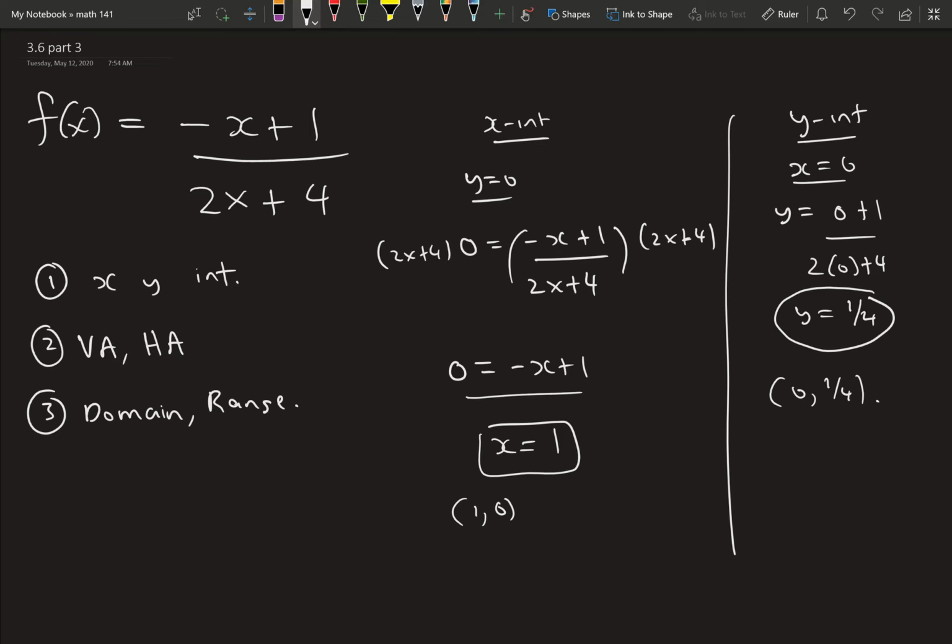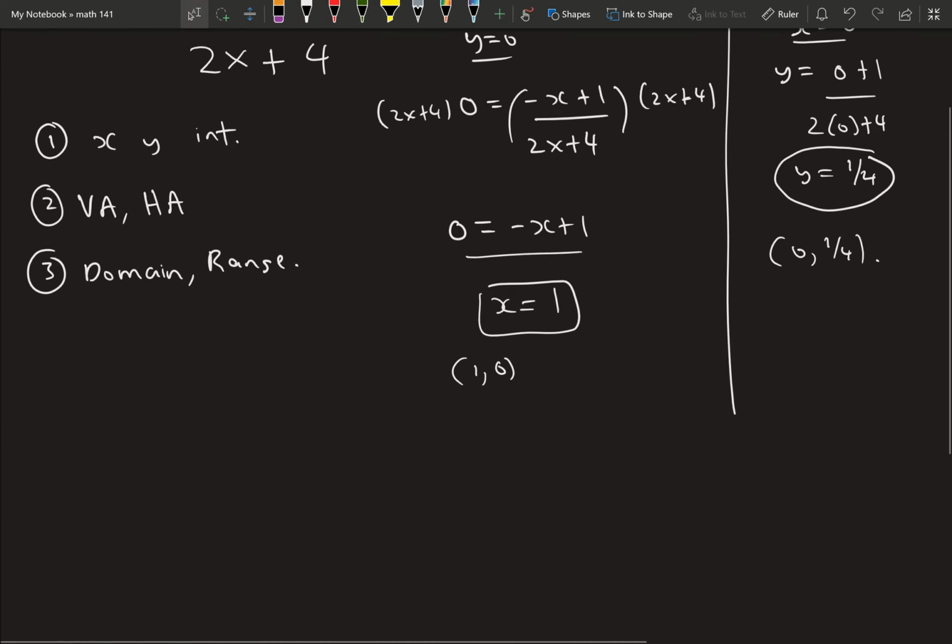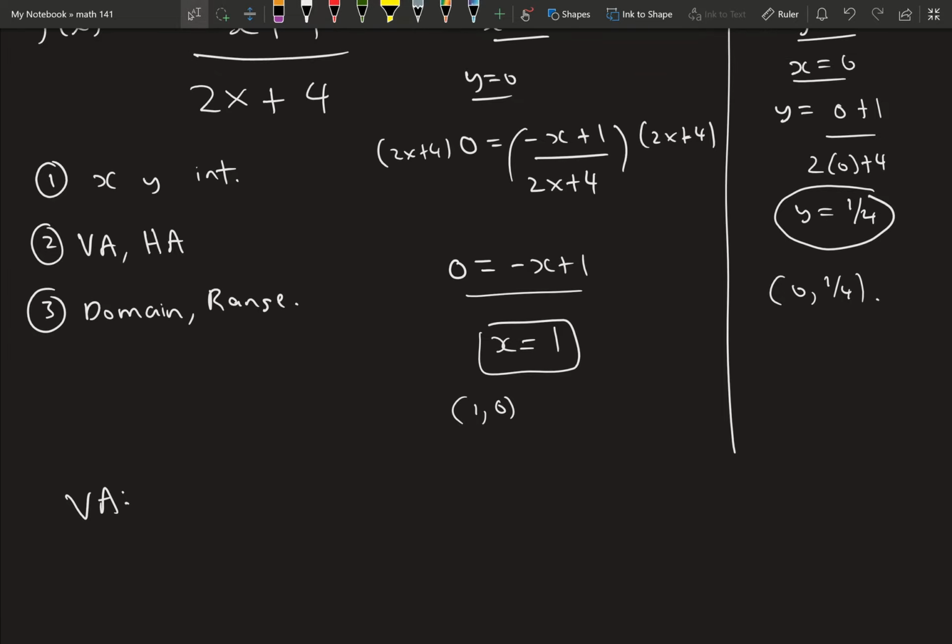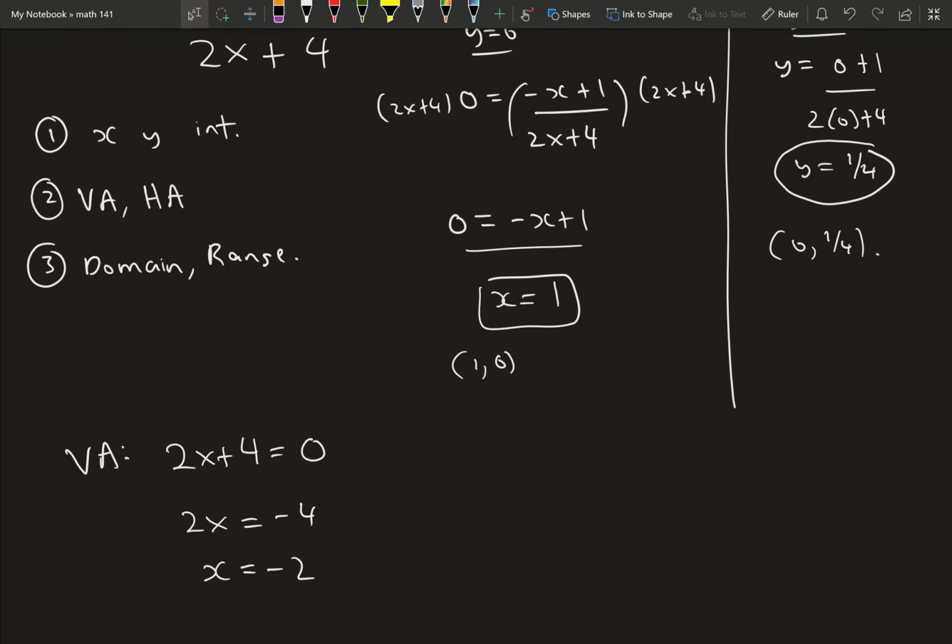And now we need to find our vertical asymptote. And that's just setting this denominator equal to 0. And so we get 2x is equal to minus 4, so x is minus 2. And that is our vertical asymptote.